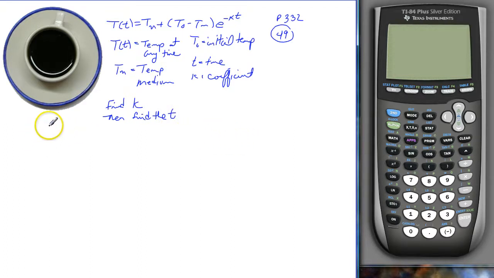So here's the initial conditions. Let's write these down. It cools from 92 degrees Celsius down to, what does it say, 50 Celsius. And it takes 12 minutes. The room is 22 degrees Celsius.